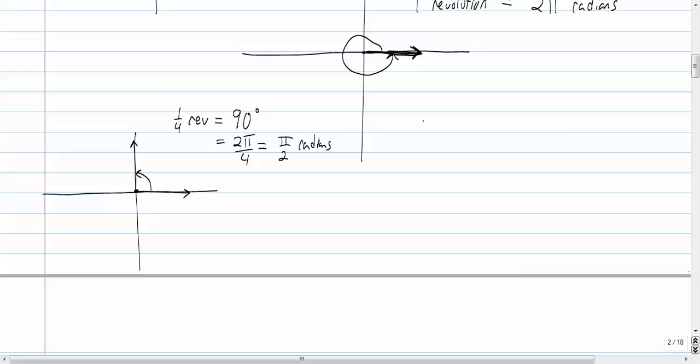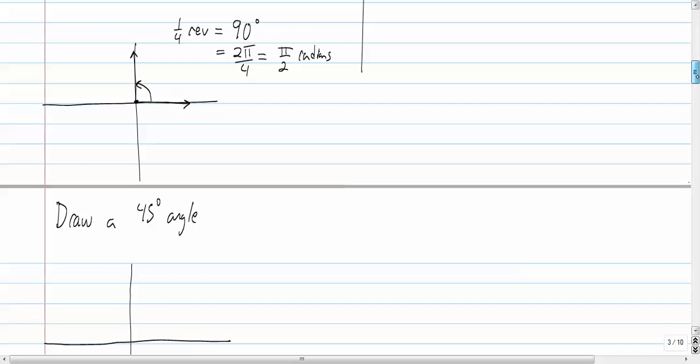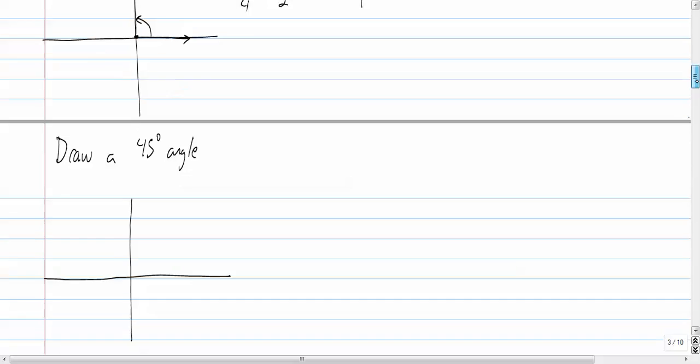So what if I wanted to draw or sketch a 45 degree angle? Okay, let's think about that. Let's think about how 45 is related to what we just drew. How is 45 related to 90? That's half of it, right?